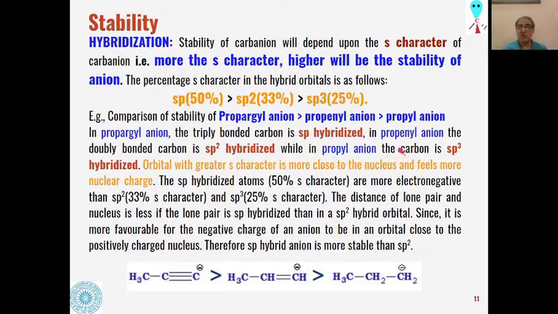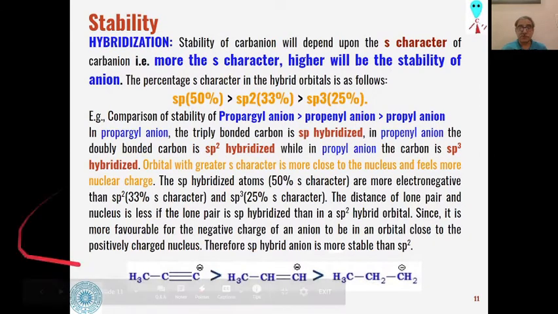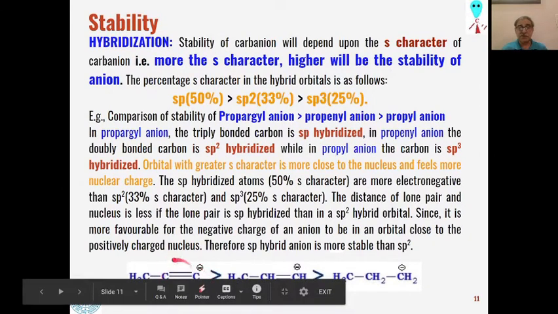So for example, in the propargyl anion, this type of carbon-carbon triple bonded anion, and this is the propenyl anion with a carbon-carbon double bond, and this is the propyl anion with a carbon-carbon single bond. Here we have sp3 hybridization, here we have sp2 hybridization, whereas in this case we have sp hybridization.